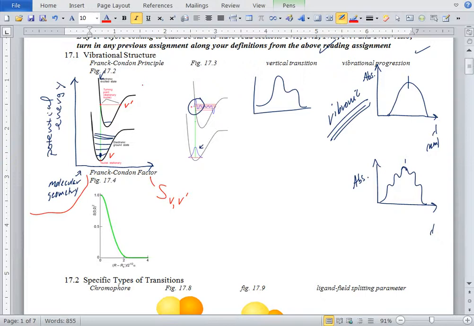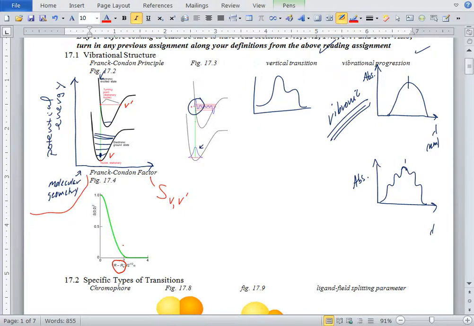Okay, so here's a plot of these Franck-Condon factors, S, and they're just trying to say that it maxes out where this x-axis is 0. Well, this x-axis is 0 where? If you can identify what these numbers are, I'm looking at R minus R_E. What are they talking about?